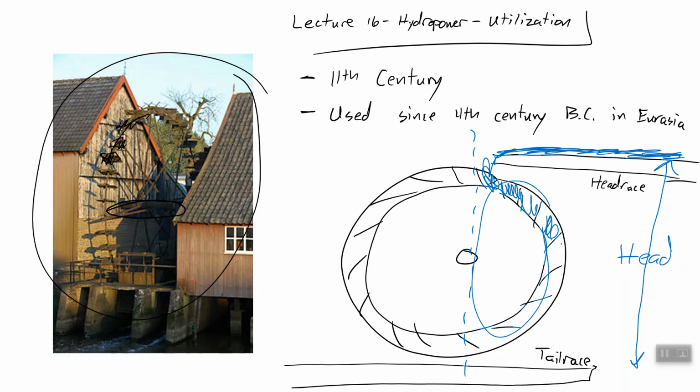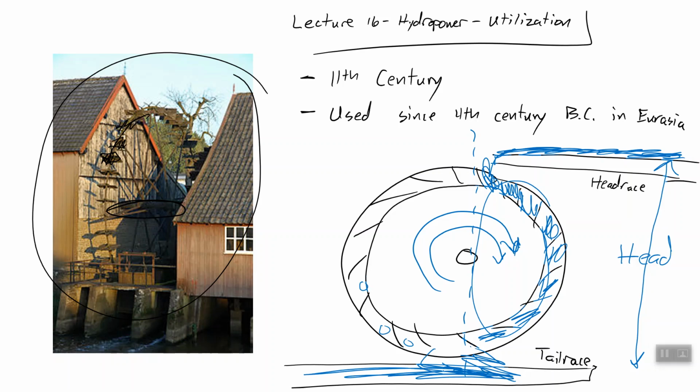These have all been filled with water before, and this wheel starts to rotate this direction because there is a force pushing down on this right side. And as it rotates, this water falls out into the tail race, and these buckets are now empty. And it's allowed to rotate and get filled again, and this is just a nice little cycle. The water starts here at the head race and then goes down into the tail race.